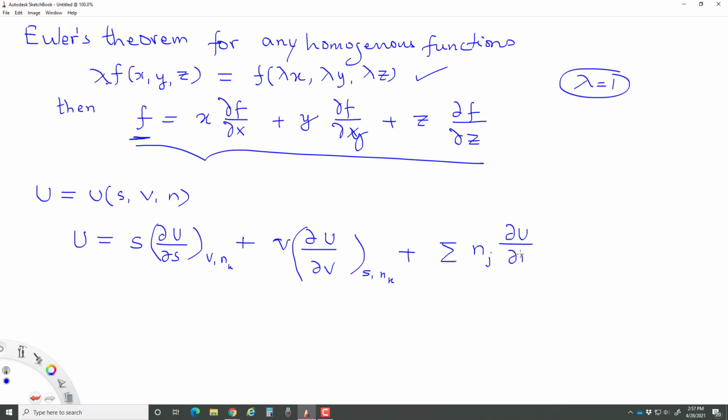So partial U, partial N_j, keeping S, V and N_k constant. Okay, so this is for one particular kind of species, and then we are adding such terms for m number of species. So j goes from 1 to m.